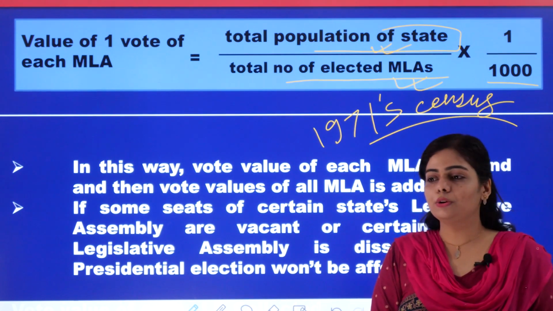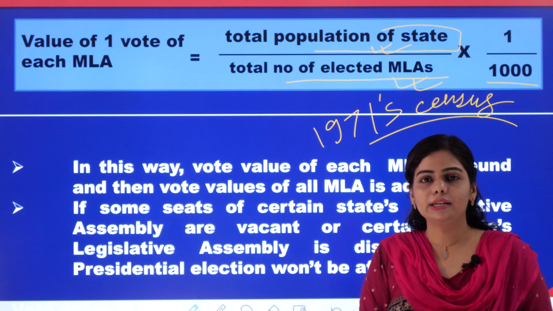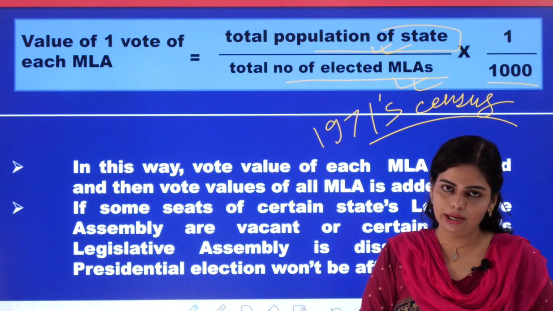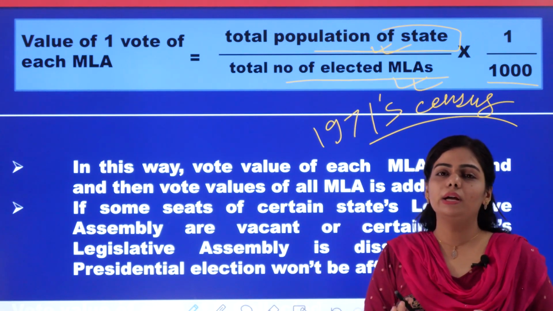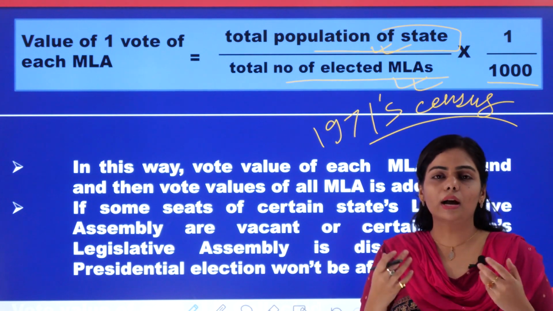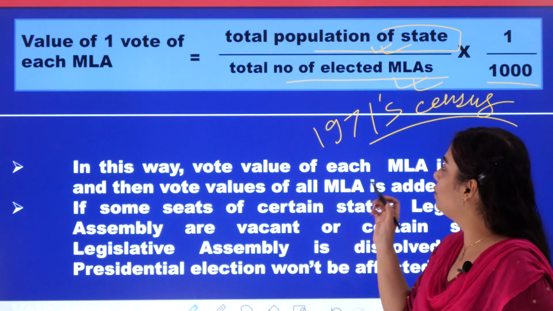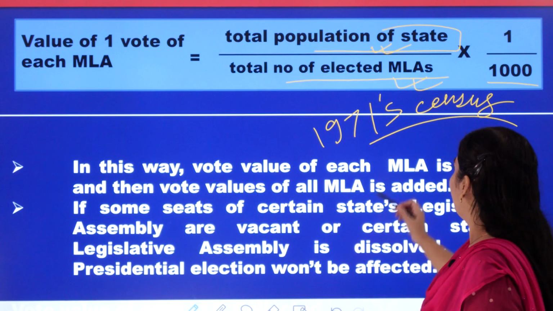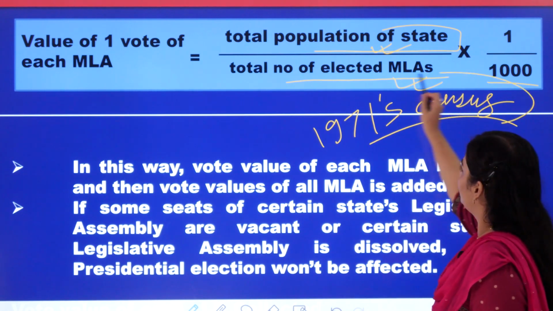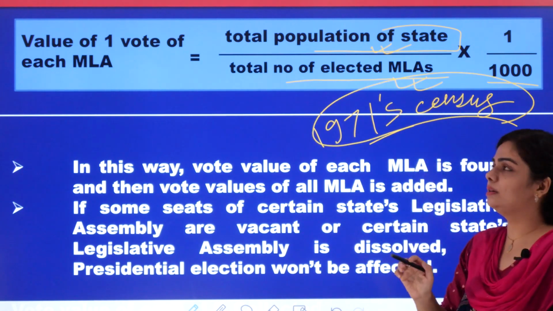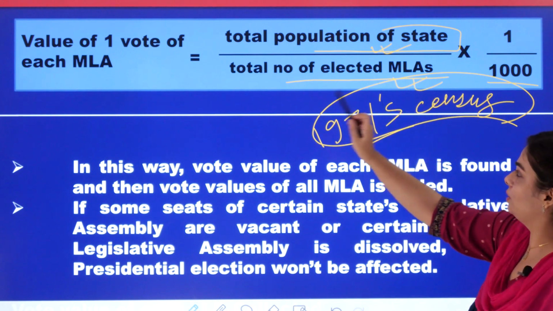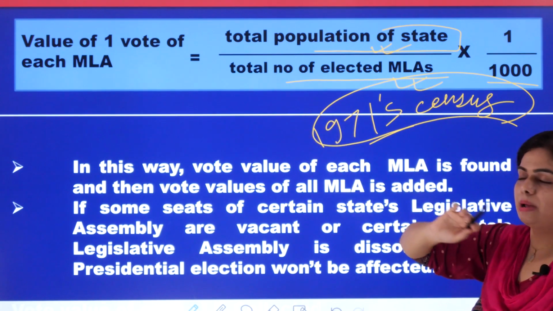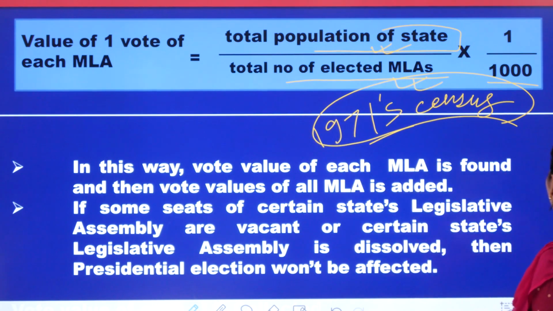Why? Because as the population would increase, the vote value of that state would increase. So we are not promoting a humongous, larger population, right? So in order to check that very point, the 1971 census has been decided as the basis of calculation of vote value of each MLA of various states.